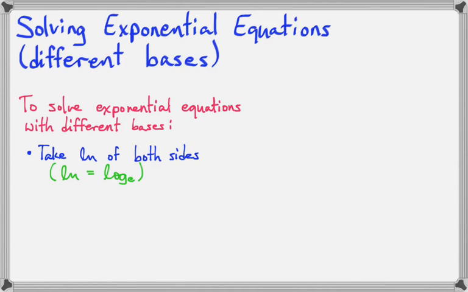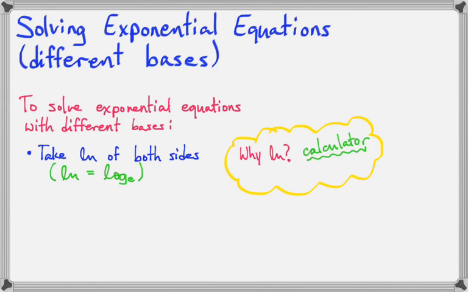Remember that natural log is just log base e, so there's nothing fancy about it, but the reason we like log base e is because our calculator has a natural log button. You could actually use any base log. You could do the log base 5 of both sides or the log base 2 of both sides if you had a calculator with a log base 5 or a log base 2 button.